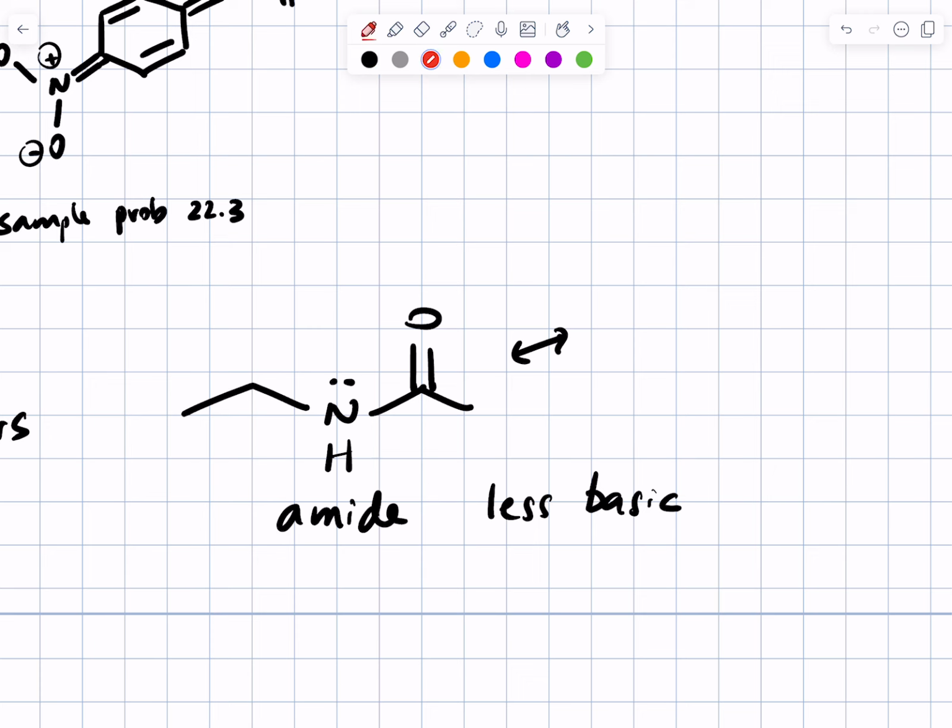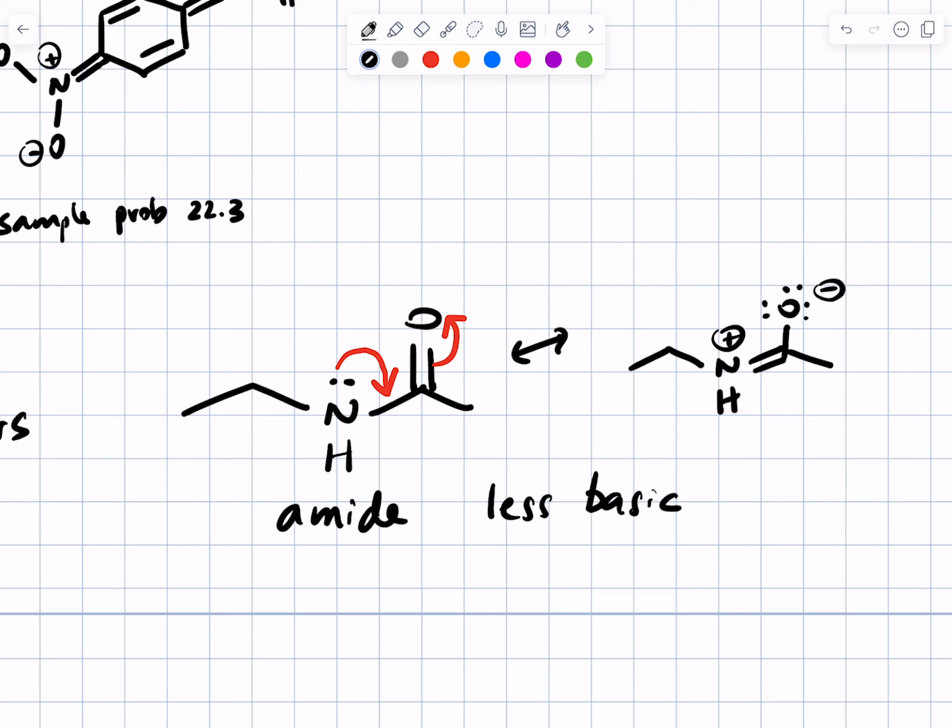Yeah, you have a resonance structure where you donate the amide nitrogen lone pair to form a new carbon-nitrogen pi bond, and you move the pi bond from the carbon-oxygen pi bond out onto the oxygen to get this resonance structure. Same basic idea. Resonance stabilizes the lone pair and makes the lone pair less basic.